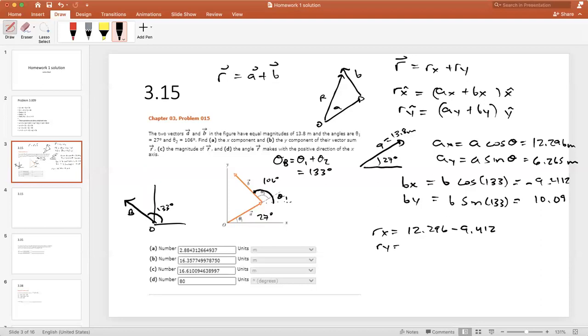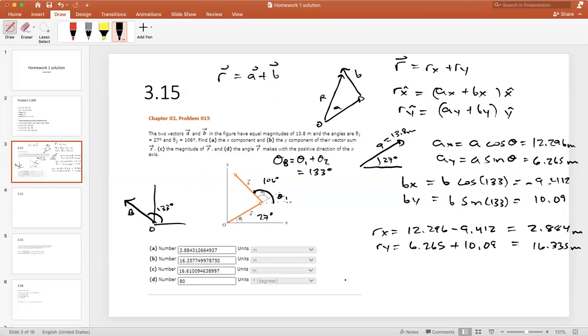And Ry is 6.265 plus 10.09. These end up being 2.884 and 16.335 is what I get. If we look here, they're close to what these are. They're a little bit off, rounding errors or whatever.